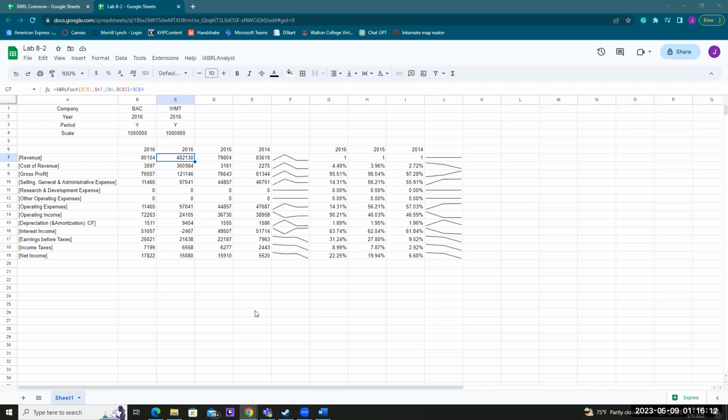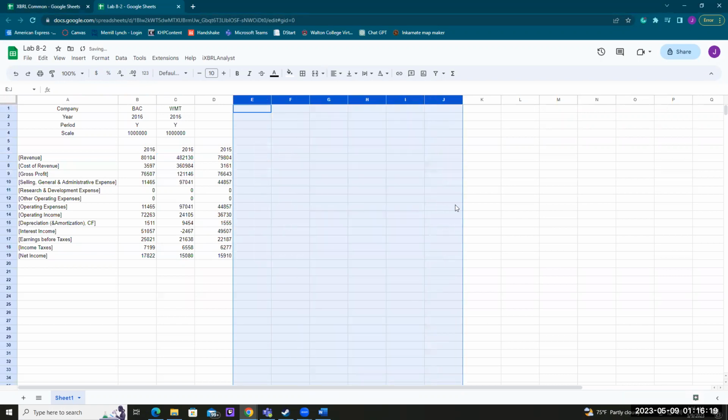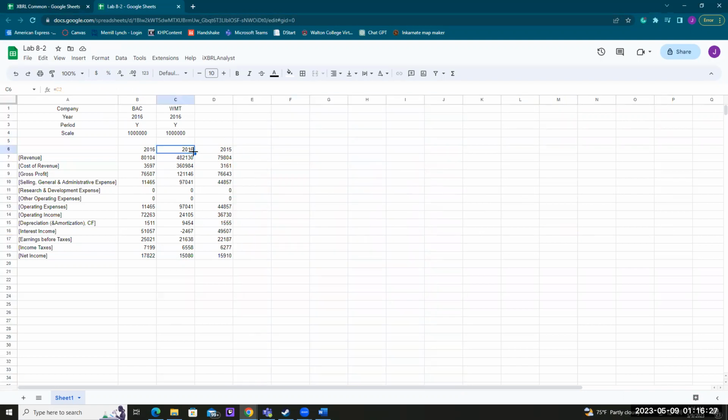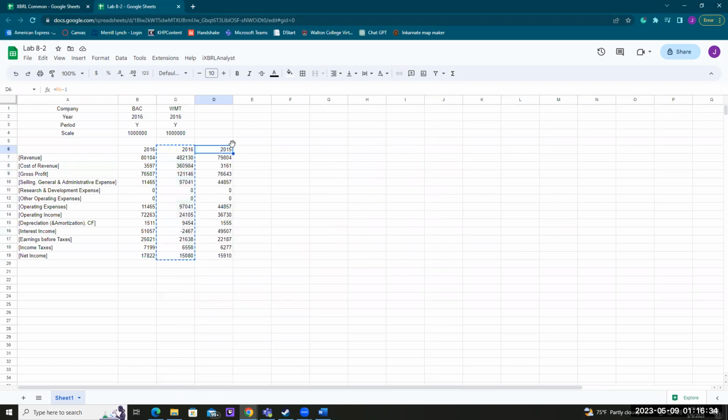All right, so now for this lab, we don't actually need any of this information, so we can delete it out. Essentially what we're going to be doing is what we have here for 2016, and we're just going to do that 10 times out. A very easy way to do this is to copy this, and then paste it into there.